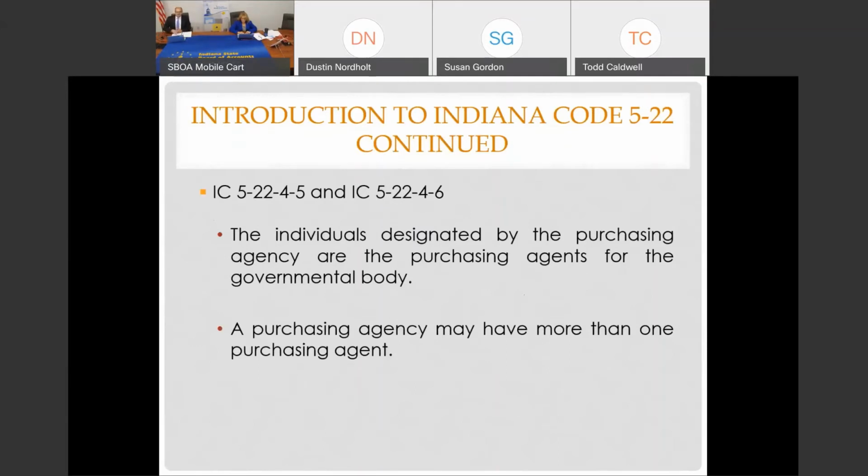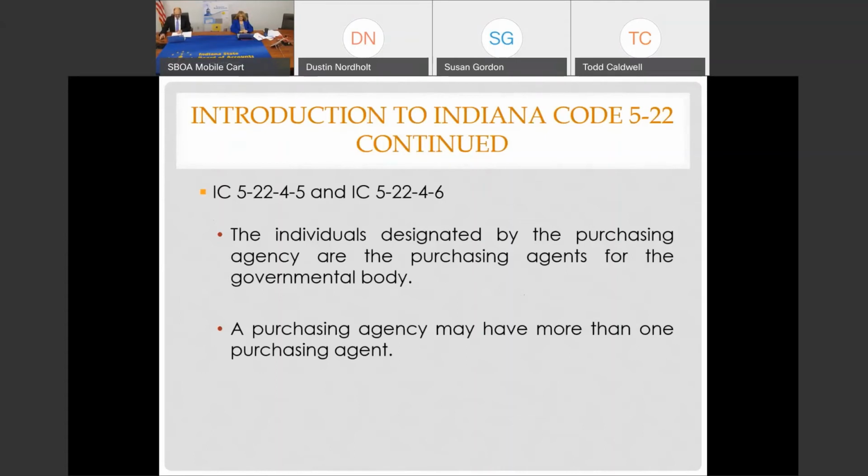In our discussion earlier about real property, we discussed the definition in 36-1-10-5 of a purchasing agent. In 5-22-2-25 and 26, which aren't shown on the slide, there's a similar definition provided, and it says a purchasing agency is a governmental body authorized to enter into contracts by Article 22 or rules adopted under Article 22 or another law.